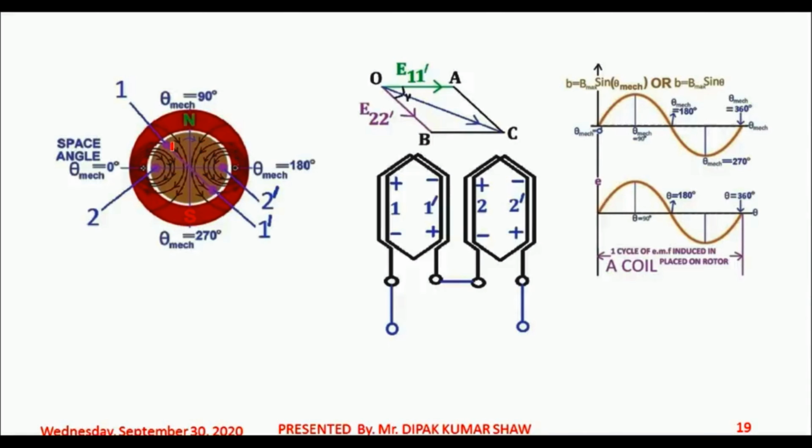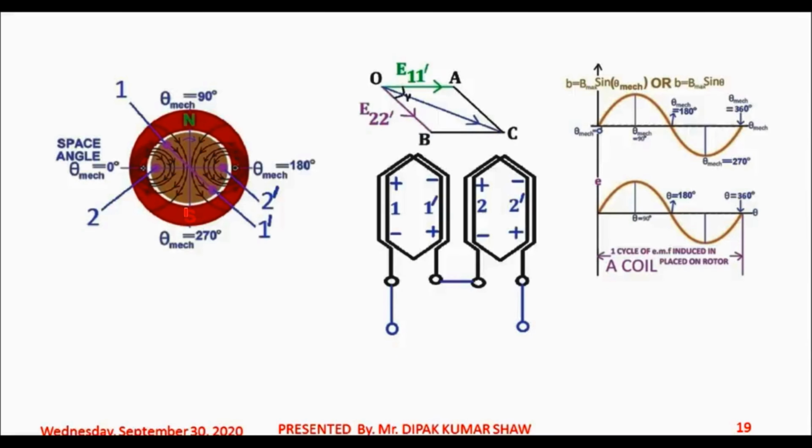First, the positive peak of coil 1 dash would happen. That means coil side 1 would be under the center of the north pole, and coil side 1 dash would be under the center of the south pole. So positive maximum of coil 1 dash is happening. After that the rotor will rotate by angle gamma degree. Then coil side 2 would come under the center of the north pole and coil side 2 dash would come under the center of the south pole.